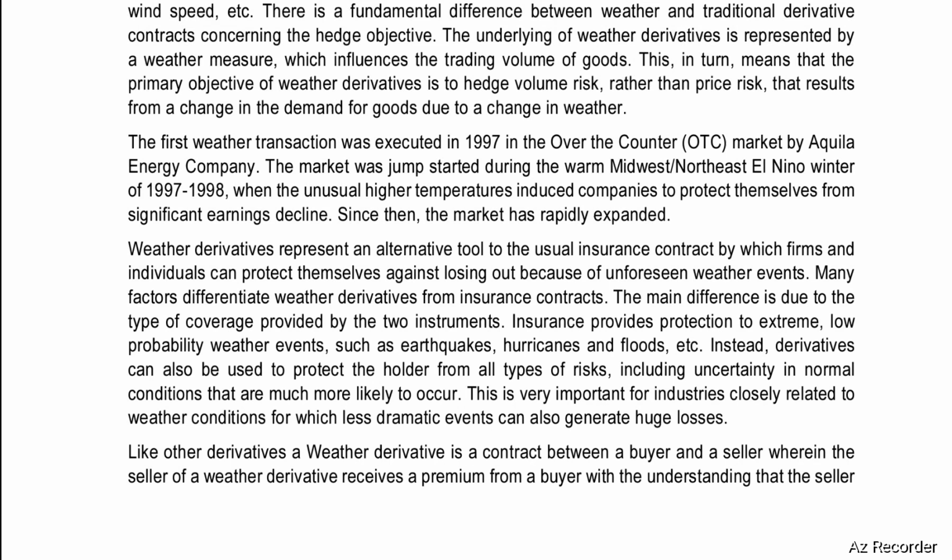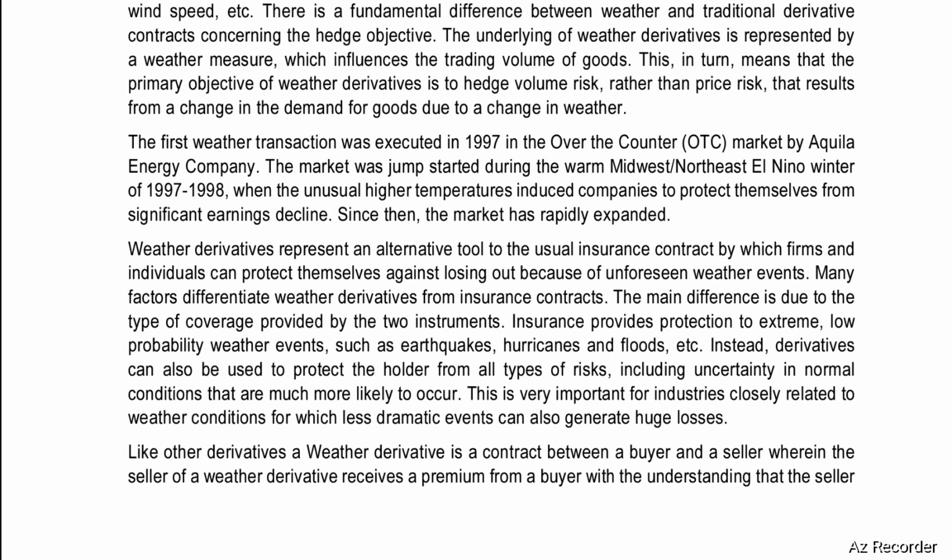Since then, the market has rapidly expanded. Weather derivatives represent an alternative tool to the usual insurance contracts by which firms and individuals can protect themselves against losing out because of unforeseen weather events.